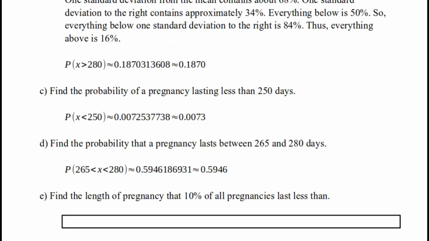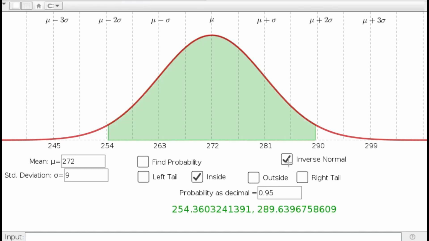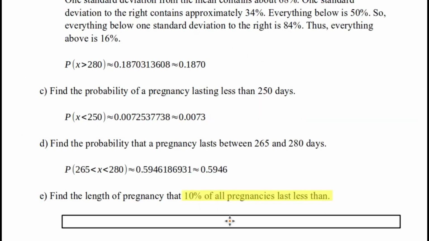Now this next question is different. Find the length of pregnancy that 10% of all pregnancies last less than. We're not given a boundary, we're given a percentage, we're given a probability. So when we go into our normal distribution calculator, we're going to click on inverse normal because we want to work from a probability. This probability is 10%.